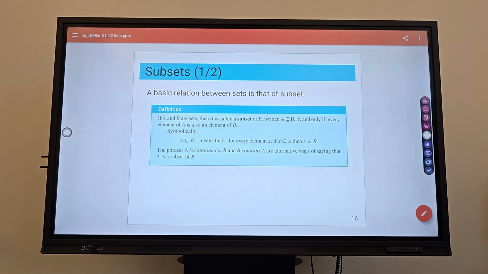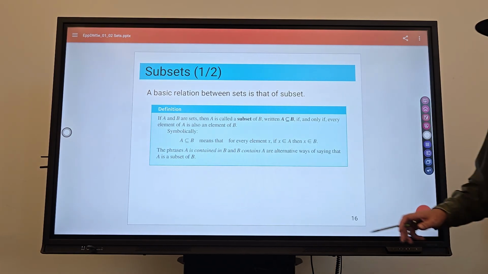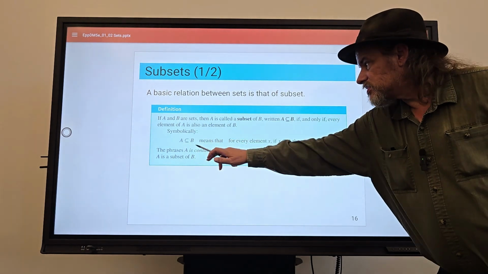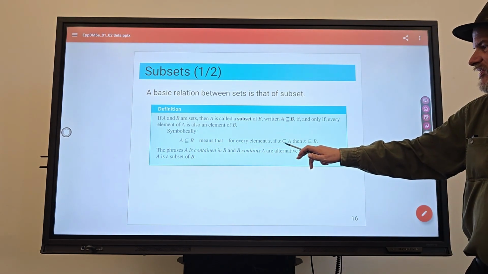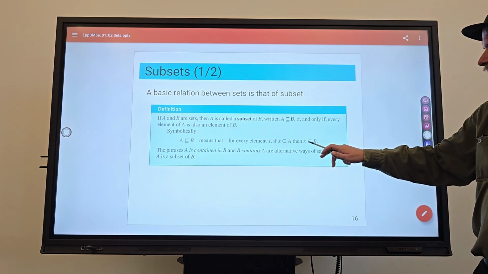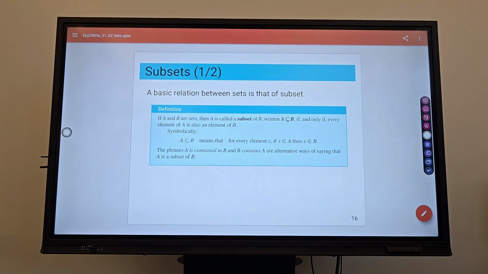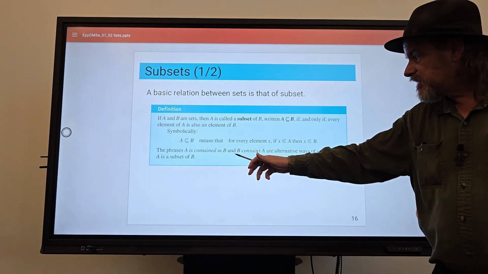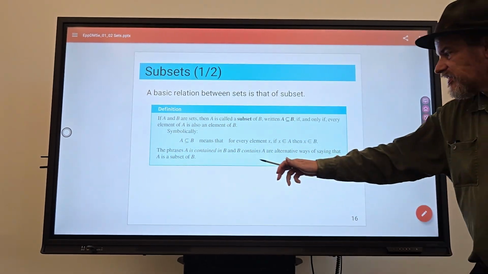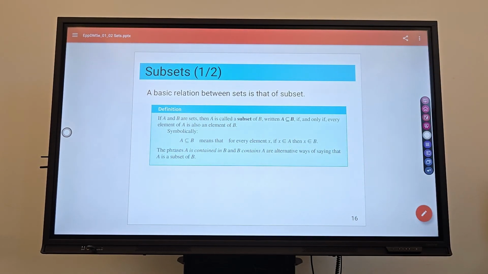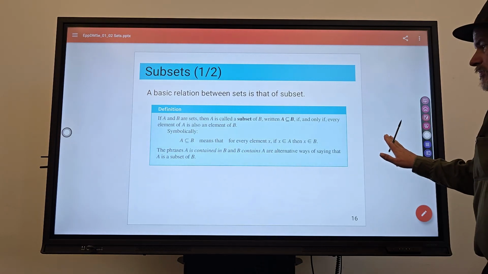If and only if every element of A is also an element of B. Symbolically, this means that for every element X, if X is an element of A, then X is an element of B. The phrases A is contained in B, or B contains A, are alternative ways of saying that A is a subset of B.